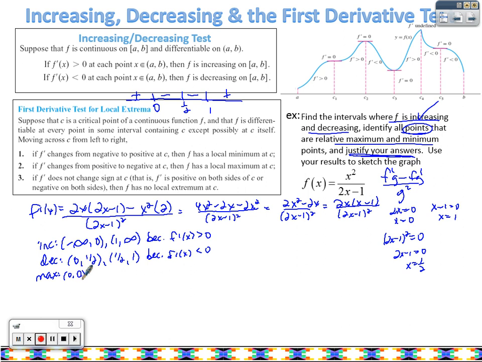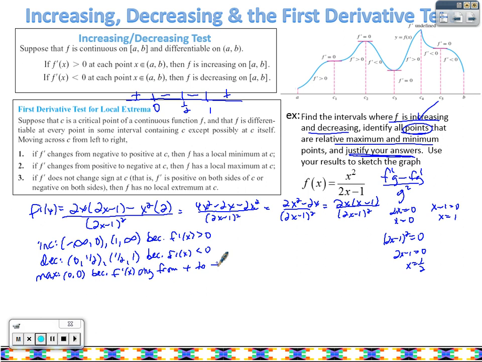Now here's the justification for a maximum, and we don't have another one. Because f prime of x changes from positive to negative. That's it. That is as short as I can make that.